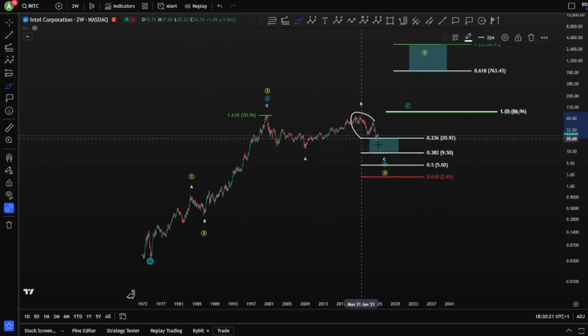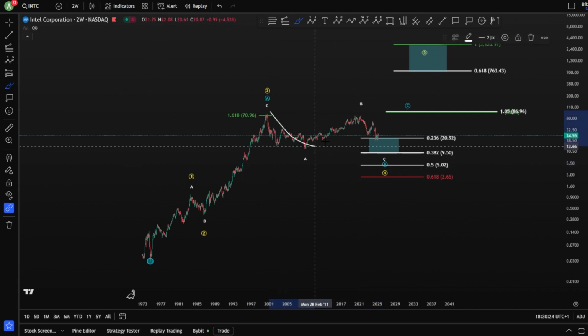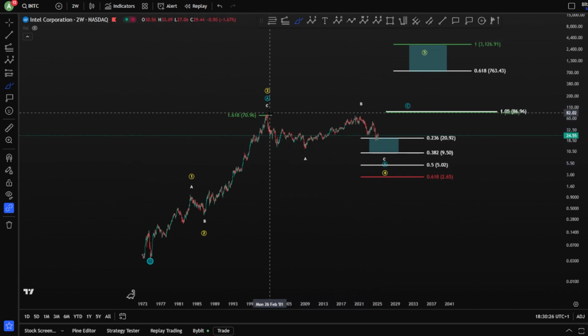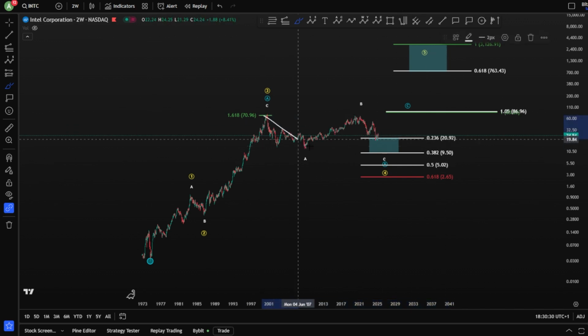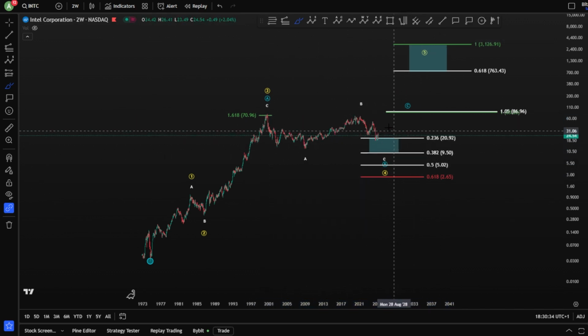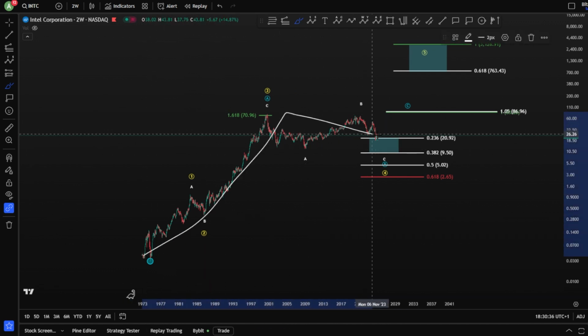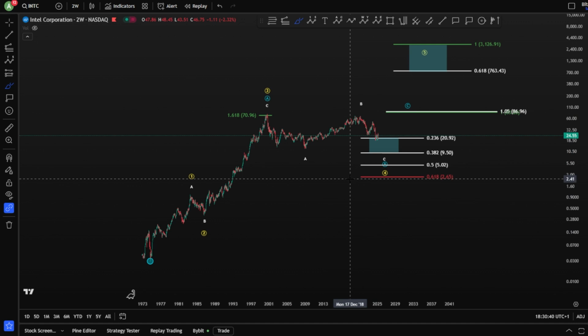What we have to take care of right now is this area, A, B and a C. Obviously, it looks like a regular flat. There is a potential that there is a triangle, a longer correction, and this might open much higher potential for sideways and ABC toward the upside.